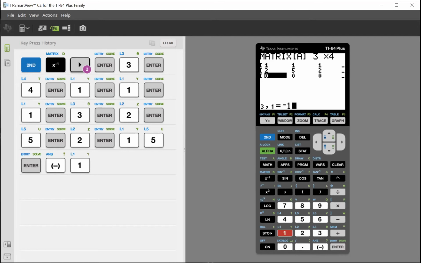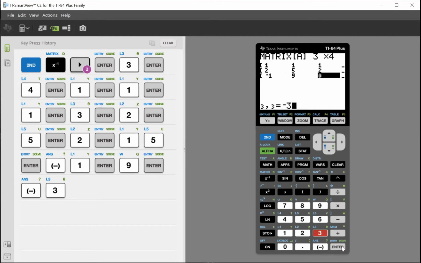So -1, enter. I had a 9y, so 9, enter. I had a -3z, so -3, enter. And then it had an answer of 29, so you do 29, enter. Make sure that 29 pops up on the screen. So we just put all of our numbers for our equations into this calculator.